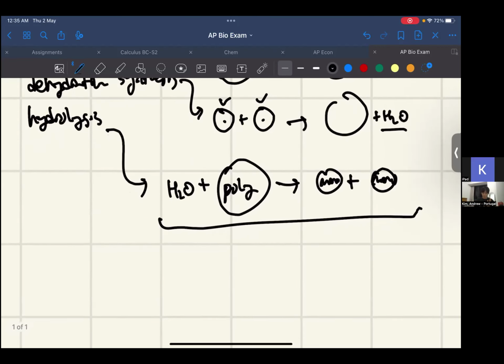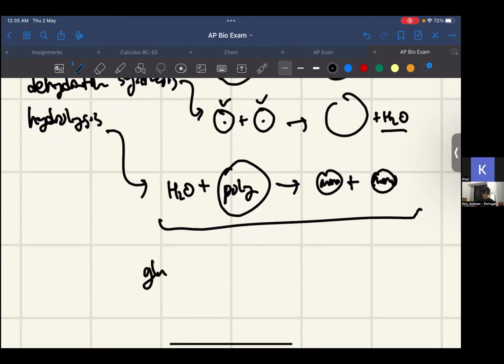Now one biggest example is when you have two glucose. Again, glucose is a monomer, and if these two glucoses go through dehydration synthesis, a sucrose molecule will be made, but as a result, an H2O will also be made. Now, again, H2O is being made, we are having more water, but it's still called dehydration because you have to think from glucose's perspective.